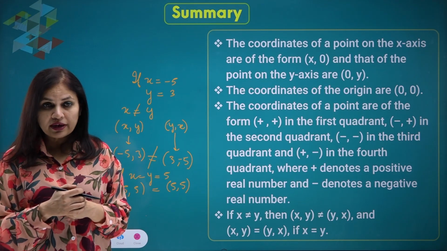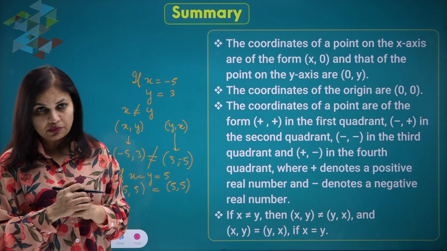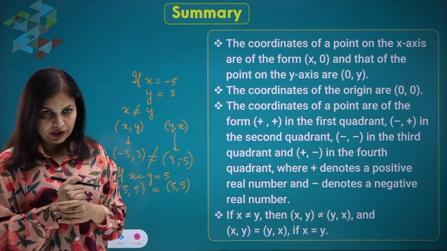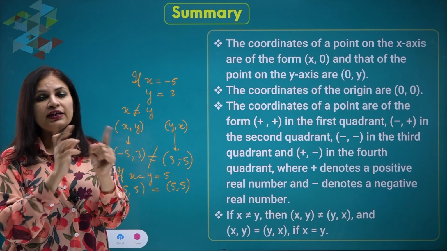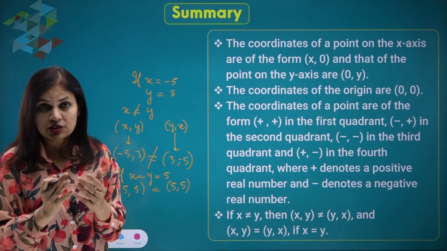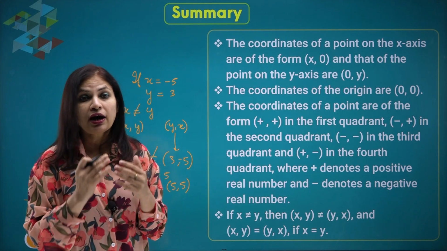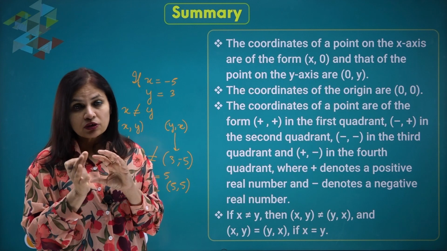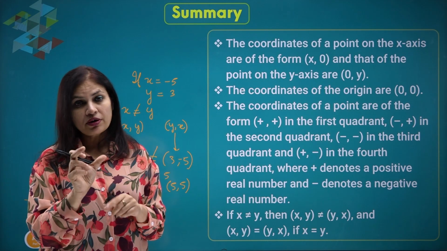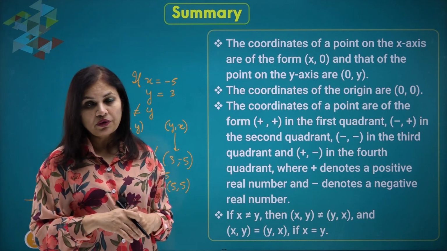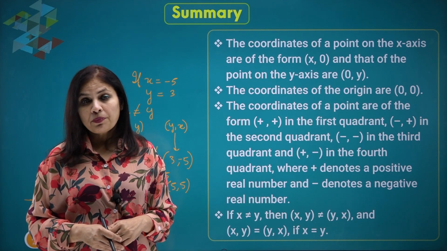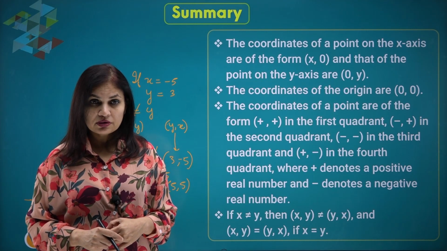I can say x and y are equal if I take both the values of x and y to be 5. So if I take x to be 5 and y also to be 5, even if I interchange their order, the point will remain unchanged. But if I take two different values, interchanging the positions of x and y in the ordered pair will change the quadrant. Thank you so much for watching this video, and I hope you have learned a lot about the Cartesian plane.